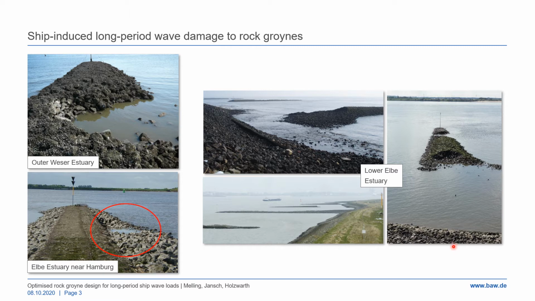Here, the root areas of a whole group of groynes has been obliterated by primary wave action. We are seeing an increase in these types of damages in other parts of the Elbe estuary too. However, due to this exceptionally severe damage at this site in the lower Elbe estuary, the study site for our field experiment is located here.